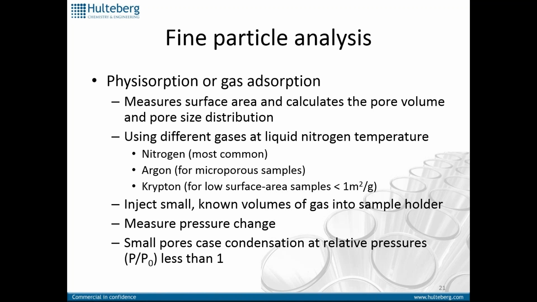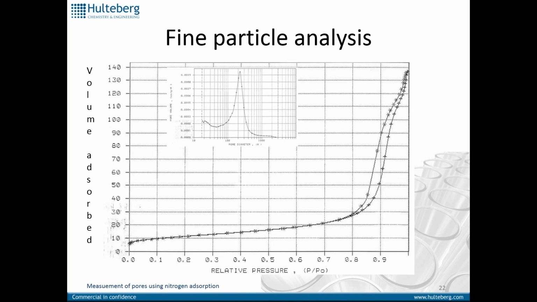For the first part you get the monolayer, so the first coverage of the material by one single layer of the probe gas, and then after that, when you increase the amount of gas, you will also get condensation in the pores, and you get results looking like this, where you have a first shoulder here, which is representing the monolayer. You get filling of the pores, and you get a difference between adsorption and desorption due to the nature of the pores. We'll come back to that in a sec.